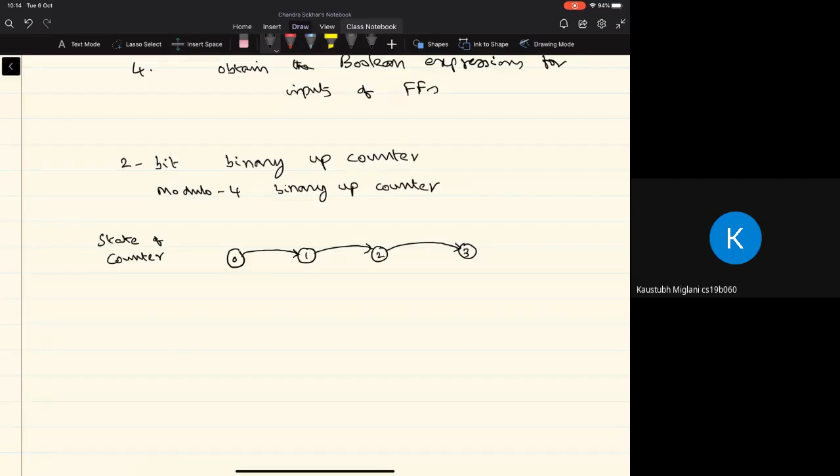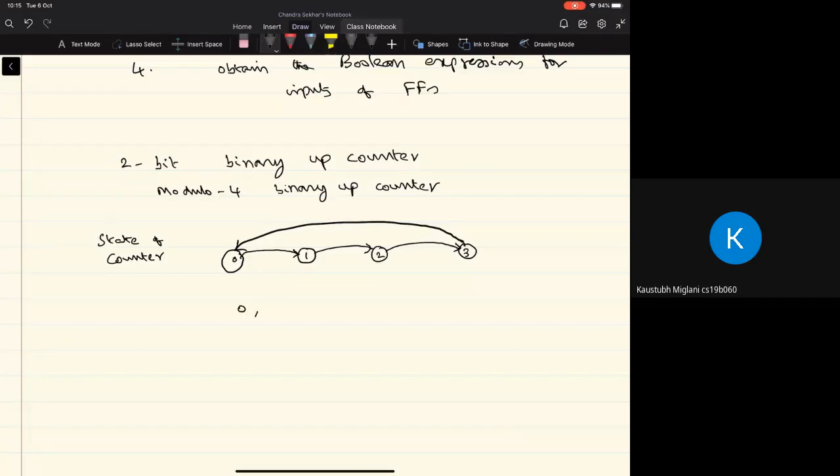So when we are at the state 3, if the control signal comes, then the next state will be 0.